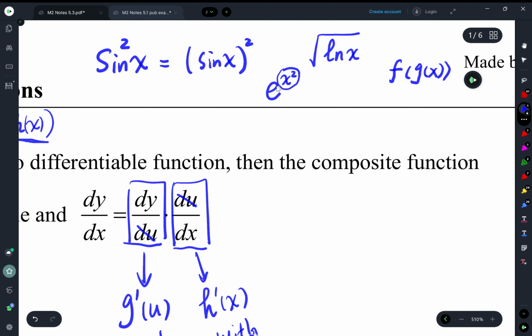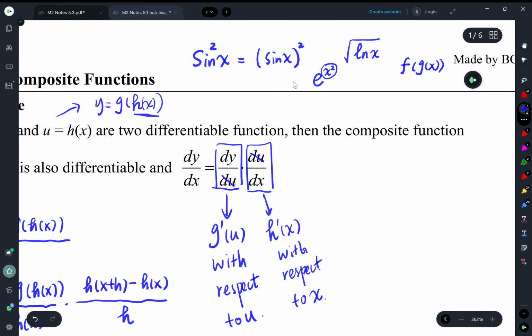Last example. e to the power x squared is a composite function, because e to the power x is exponential, that's a basic function. But if you replace x with x squared, that means I put another function inside this function. So that's a composite function. Okay? So a lot of functions can be composite functions.